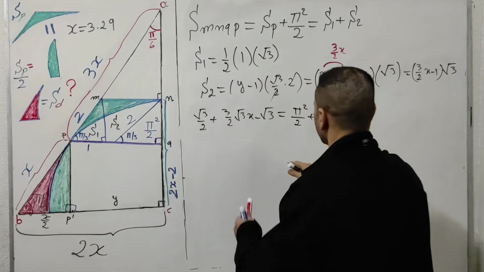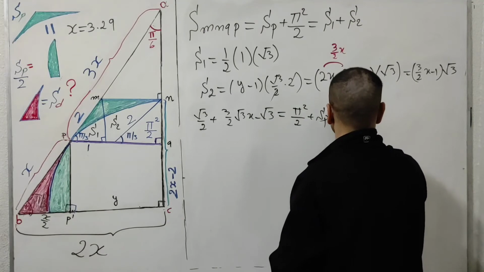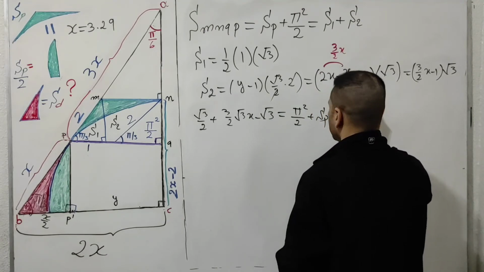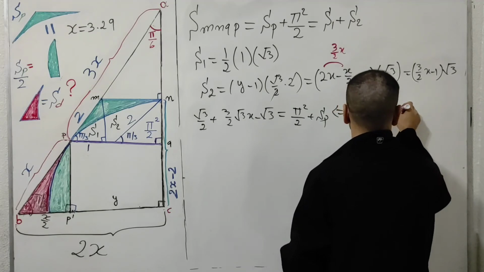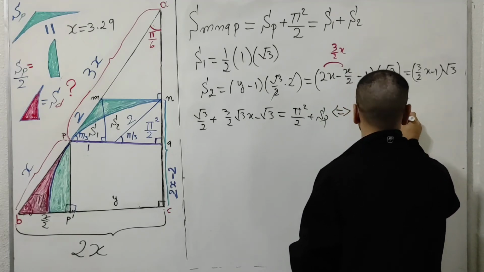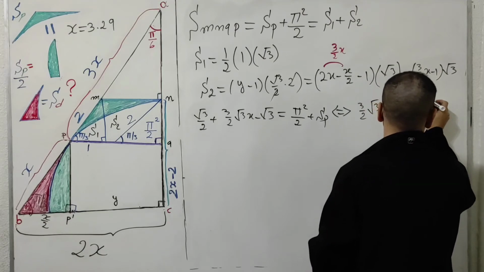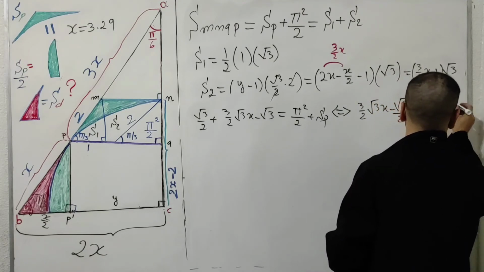By simplifying this one more, I will get 3 over 2 square root of 3 x minus square root of 3 over 2 equal to pi square over 2 plus sp.